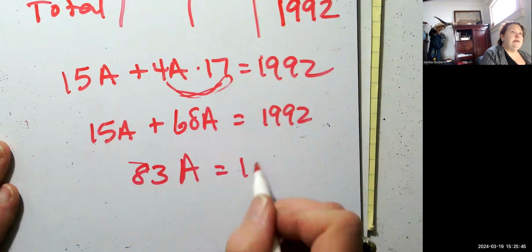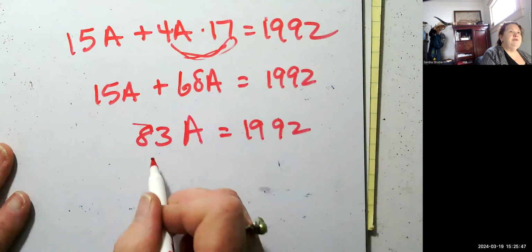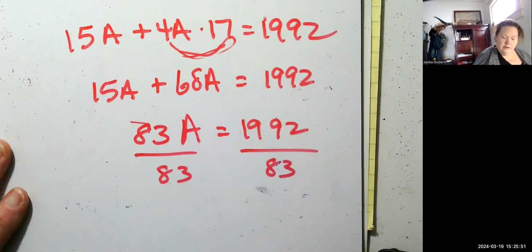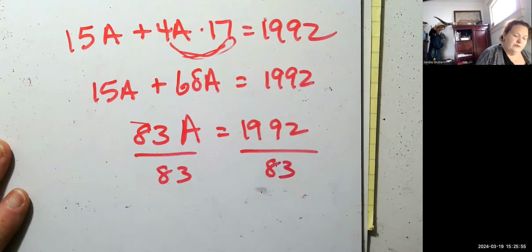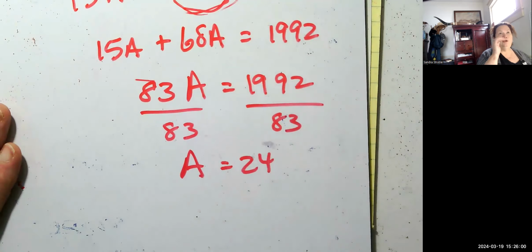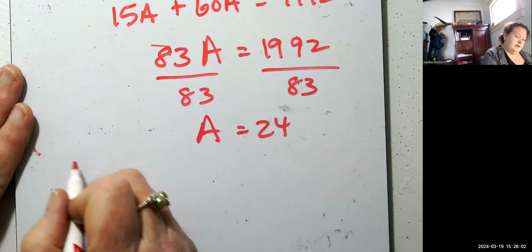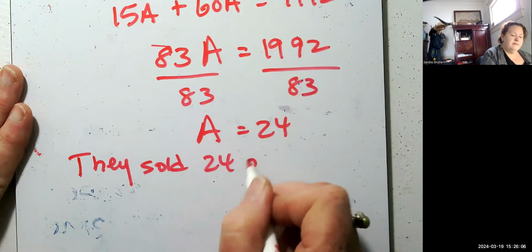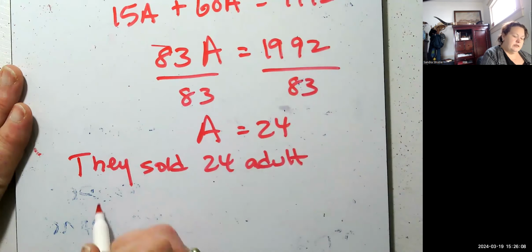Add these two. 83A is equal to 1992. Divide both sides by 83. 1992 divided by 83, 24. So they sold 24 adult tickets.